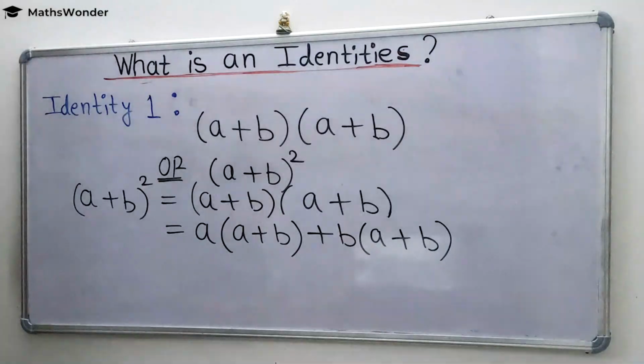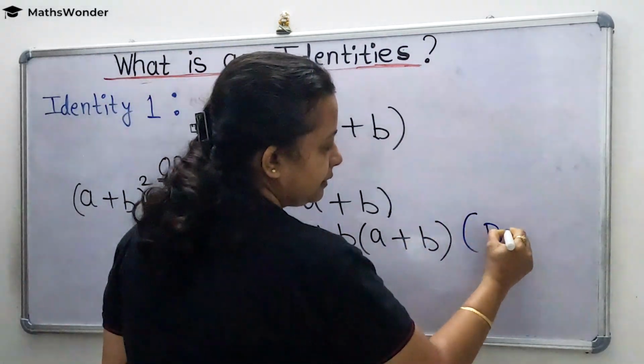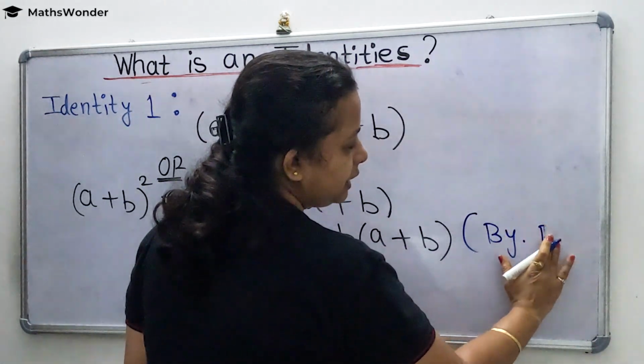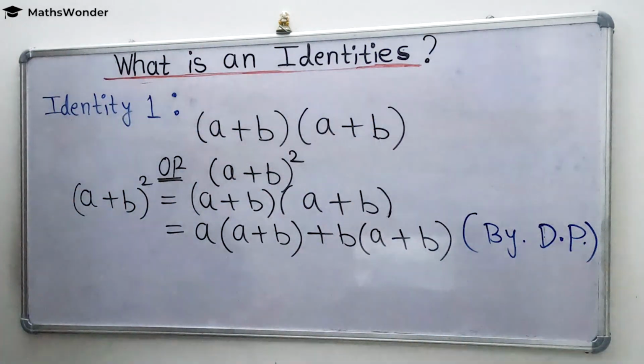Now tell me which property I have used here. Distributive property. Yes, very good, very nice. So distributive property we have used here, right?